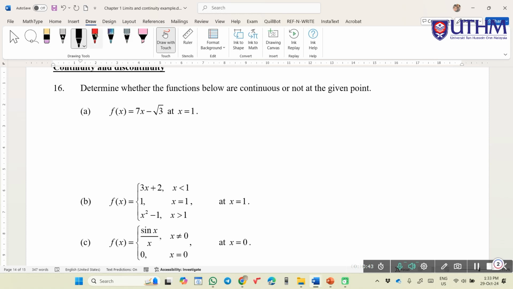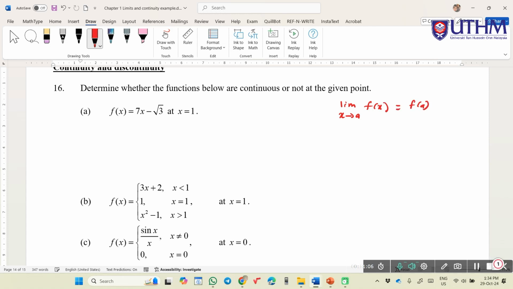The condition for a function to be continuous at x equal a is that the limit as x approaches a of f(x) must be equal to f(a).